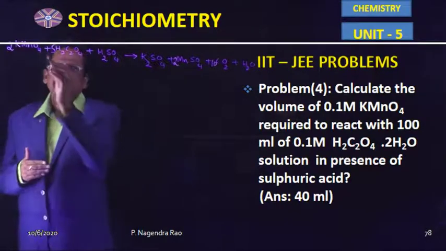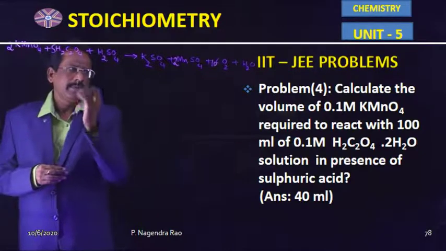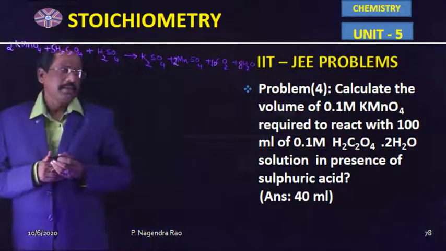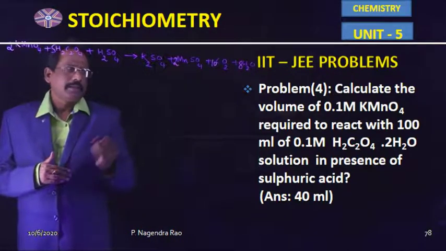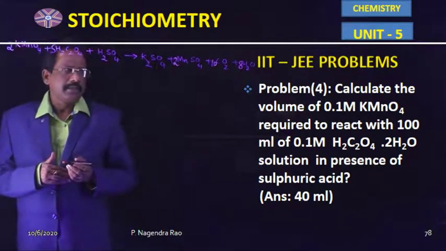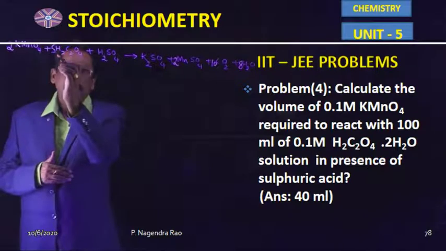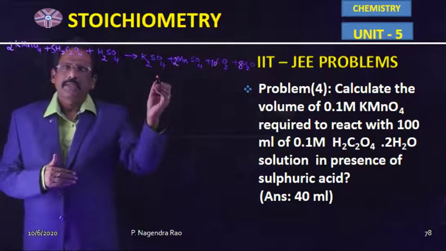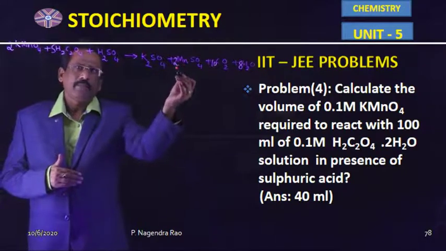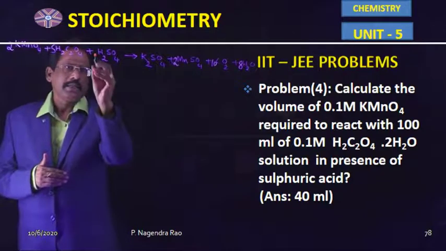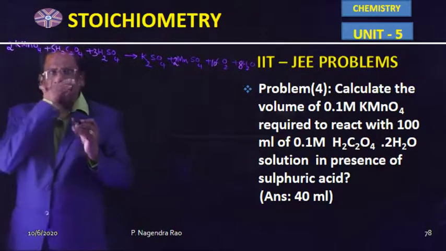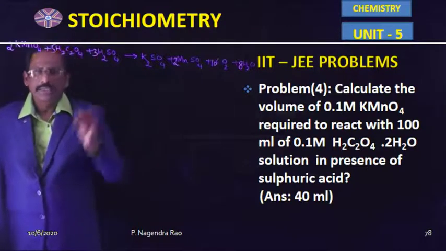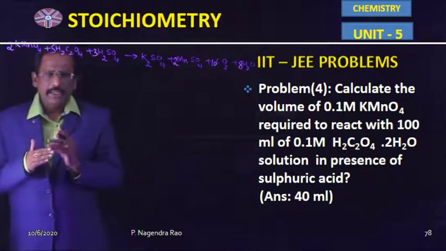Then to balance the oxygen atoms, water is multiplied by 8, and here the number of hydrogens is 16. Here also the number of hydrogens is 16. Sulfates are 2 plus 1, that is 3. So the number of hydrogens is 10 plus 6, that is 16. Now this is the final balanced chemical equation.